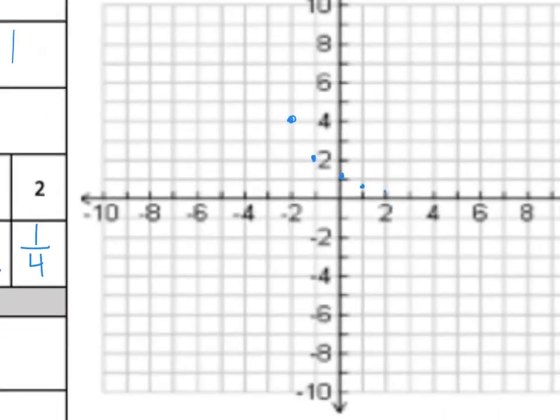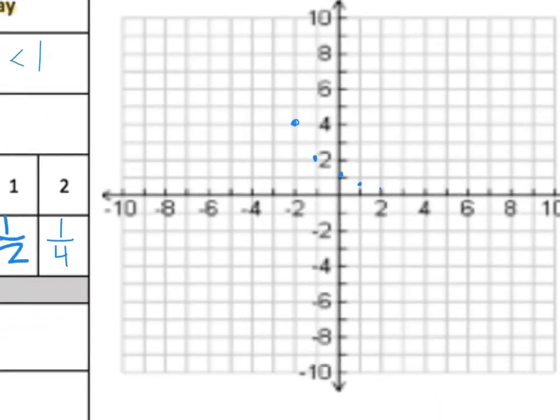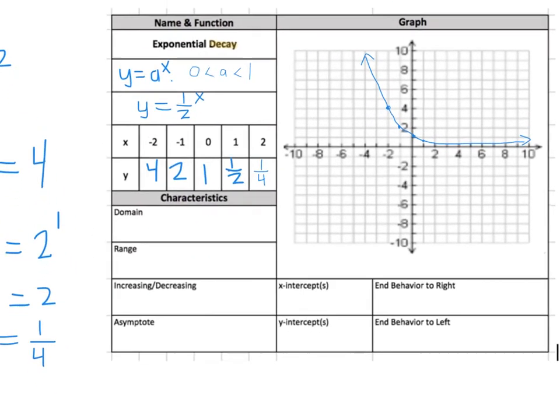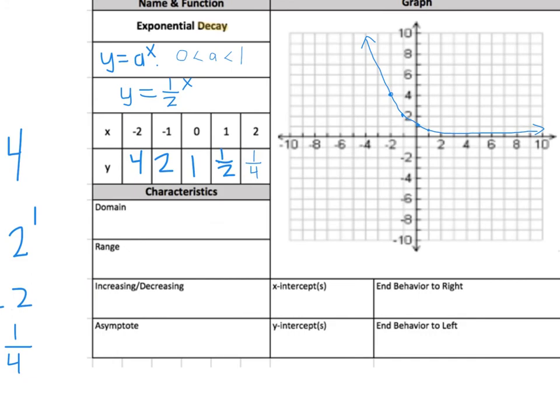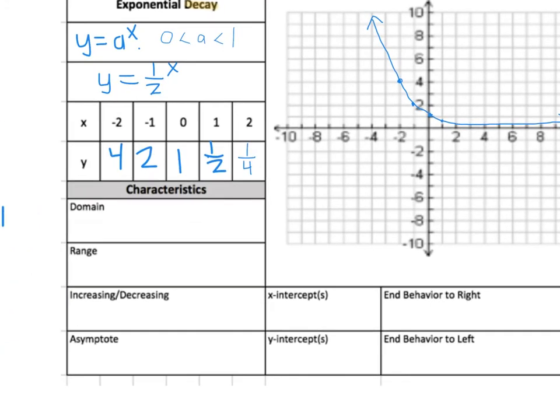Okay, so we'll connect these, all right, and this time we have a curve that is decreasing as we go from left to right. So let's look at characteristics. Again, the domain is going to be all real numbers, -infinity to +infinity.